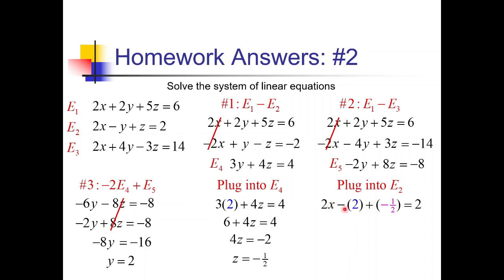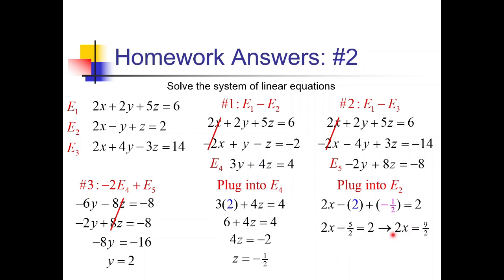I've got 2x minus 2 for y, and I have a plus z, so plus -1/2. Combining the -2 and the -1/2, that's going to be negative, let's see, 4 over 2 plus 1 over 2, that's -5 over 2. And then if I add that to the other side, I'm basically doing 4 over 2 plus 5 over 2, which is 9 over 2.